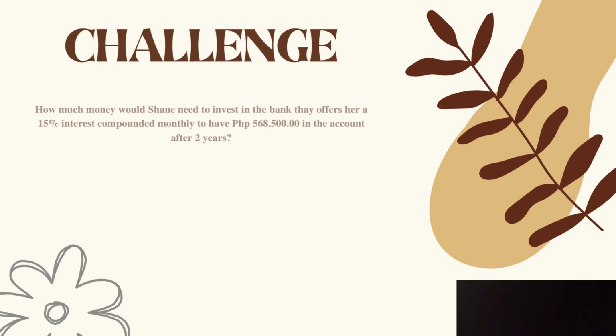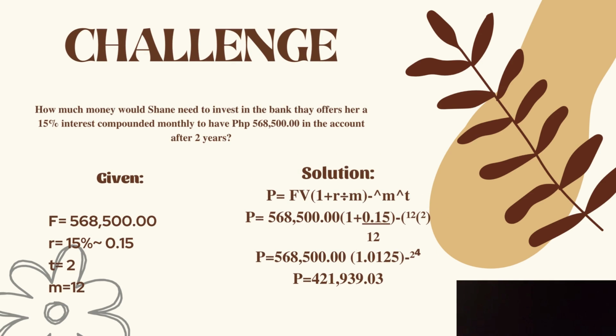Time is up. 2 minutes is over, so the question is, how much money would she need to invest in the bank that offers her a 15% interest compounded monthly to have 568,500 pesos in the account after 2 years? So list down the givens. The future value is 568,500 pesos. Rate is 15% or 0.15.